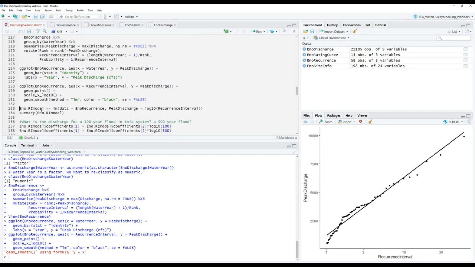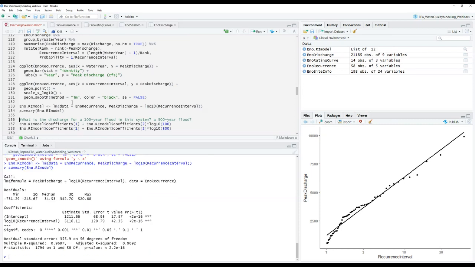So we might think about making a linear model to say, what's our peak discharge with a given recurrence interval? This is just the line that's plotted here, and we're working it out mathematically. We might want to look at the summary of that linear model. We don't have a ton of time today to really dig through the results, but that's how you'd create a linear model.